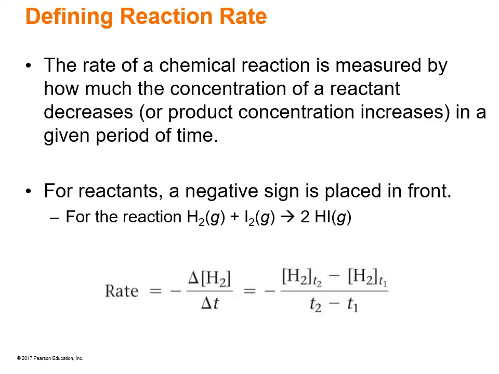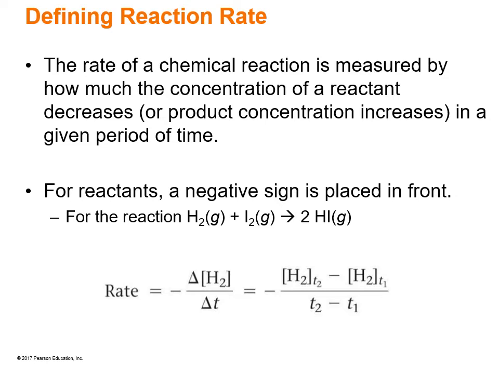For talking about chemical reactions, we're going to have to use units that make sense for chemical reactions. So we measured the quantity as a concentration of our reactants. And if we're looking at reactants, that quantity is going to decrease.